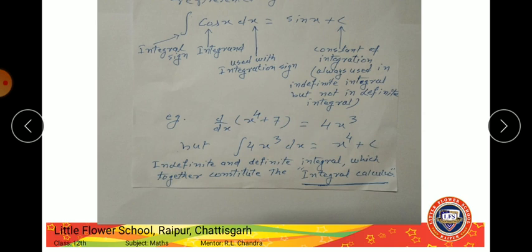Indefinite and definite integral, which together constitute the integral calculus.